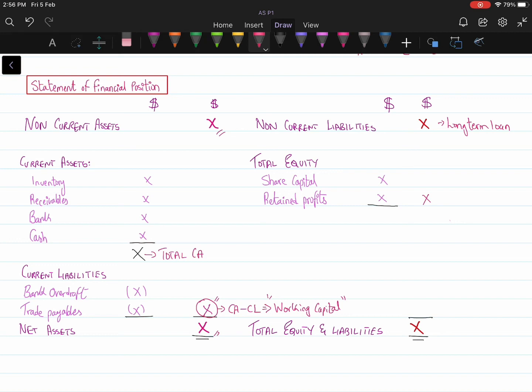So you're going to add your share capital and your retained profits to get an amount known as total equity, and then you're going to sum it with non-current liabilities to get an amount known as total equity and liabilities, or total financing in other words. So it's very important that these two totals, the total of net assets and the total of total equity and liabilities, should match, because the accounting equation otherwise will not stand true.